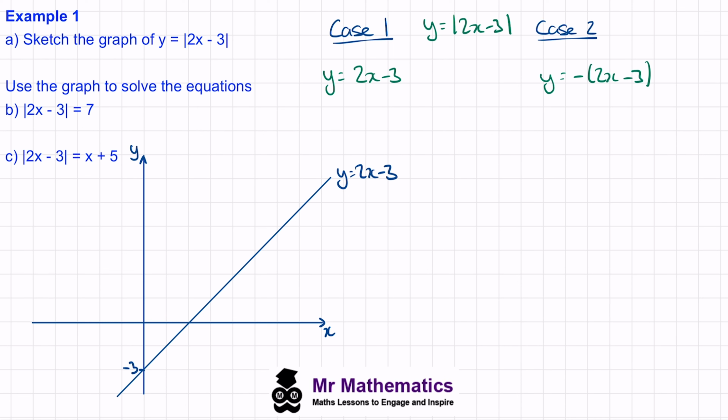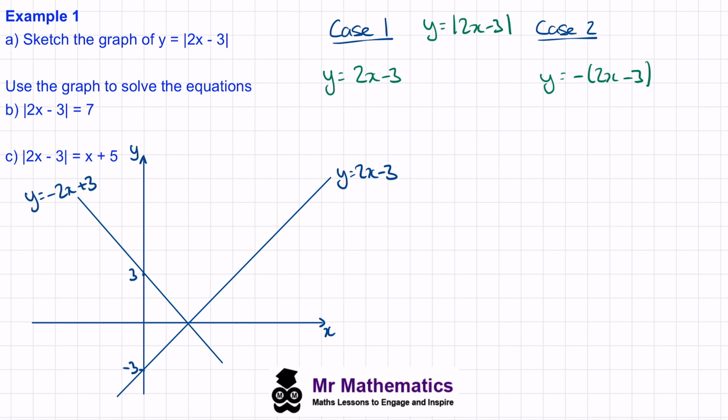And in case 2, we'll have a negative gradient, so negative 2x, but a positive intercept. So negative times a negative will make an intercept of positive 3. And this will look something like this, where this is y equals negative 2x plus 3. So the modulus function of 2x minus 3 can never be less than 0, which means it can never be below the x-axis.